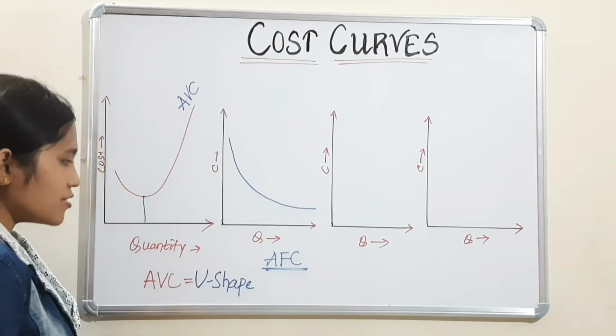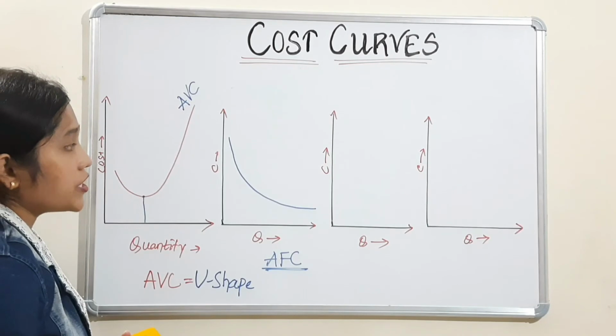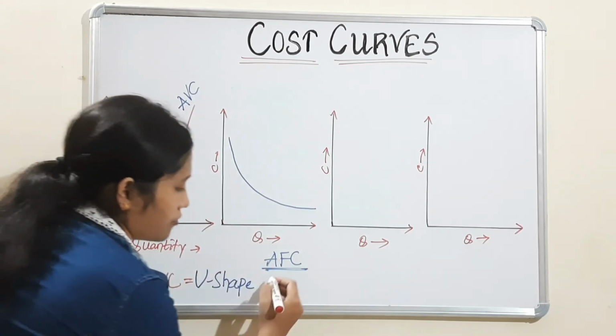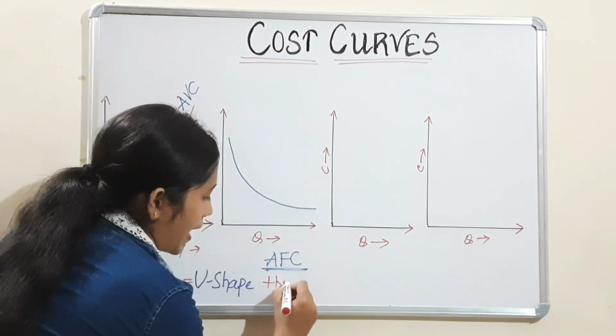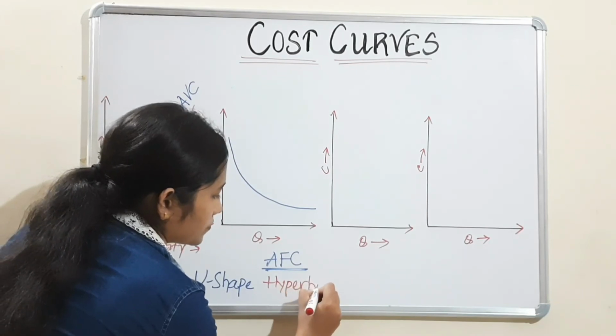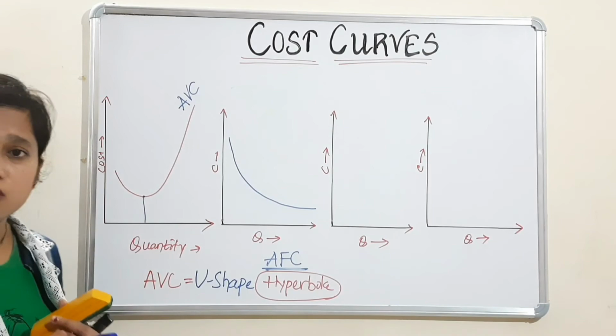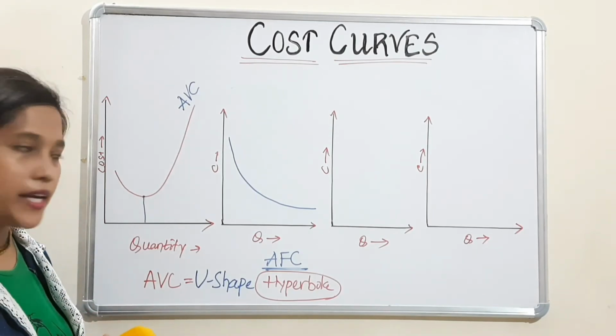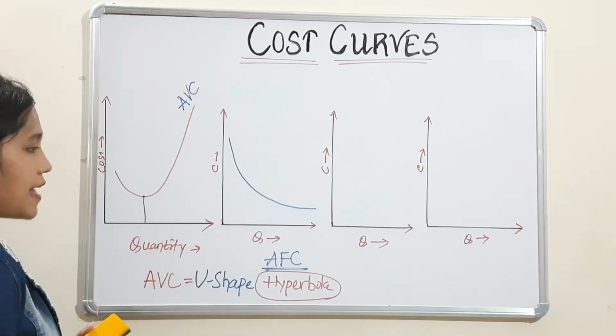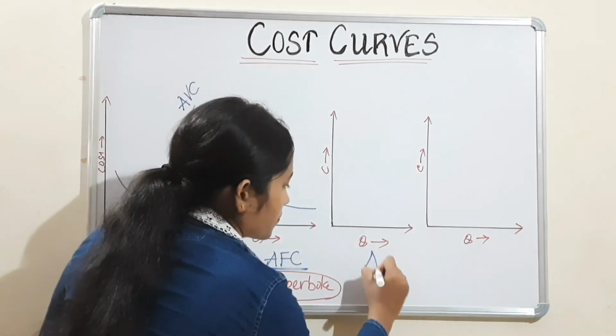The shape I have drawn here for average fixed cost is a hyperbola. This is a short question also: the shape of average fixed cost is a hyperbola. Now the turn is average total cost.